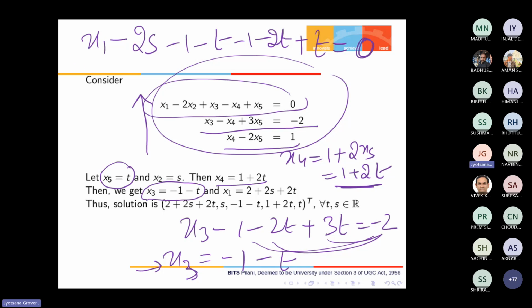Now what is x1? x1 is minus 2s plus minus 1 minus, okay, plus 2, plus 2t minus t. Okay, minus 2t, this gets cancelled, so you will have plus 2. You are done.